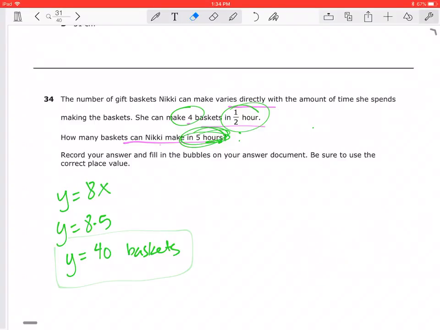Now let's look at this the other way. If I were to set this up another way, let's talk about this in half-hour increments. We have our x value and our y value. So our x value is 1/2, then we have 1 hour, then 1.5 hours.